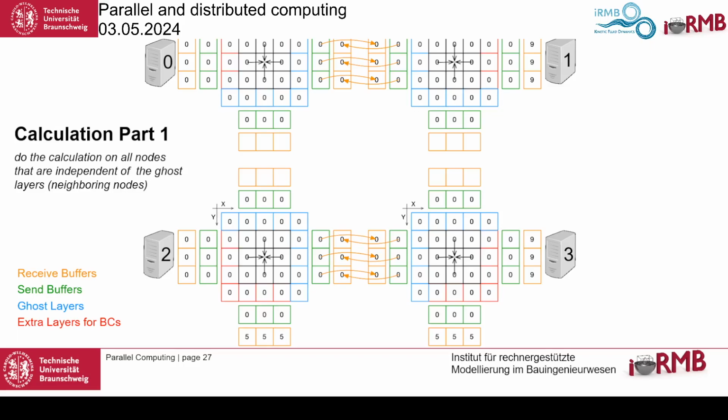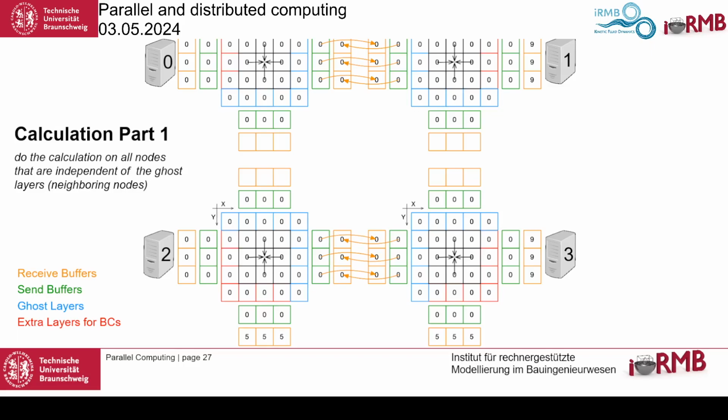So what we would then usually do, and what is called communication hiding, is we initiate the communication first, and once this is done and we have to start waiting, we do the inner part of our computation, where we are not dependent on the things from our neighbor. So this is what we do first. So only if this is done, we look whether the stuff has arrived, and then if it has not arrived, obviously we have to wait.